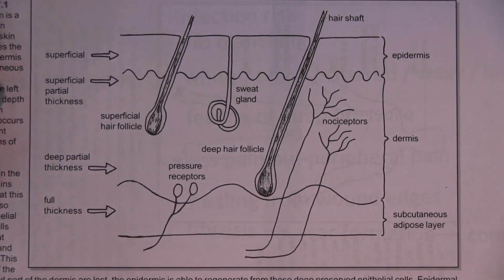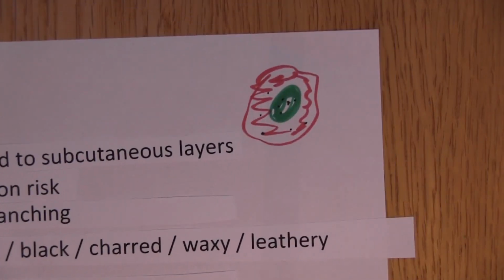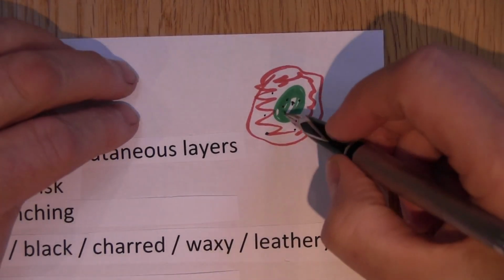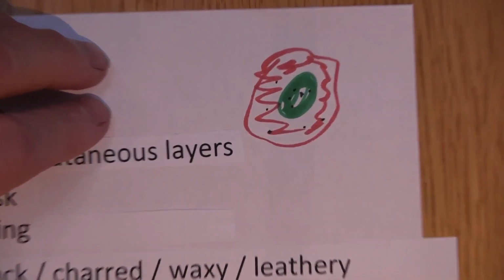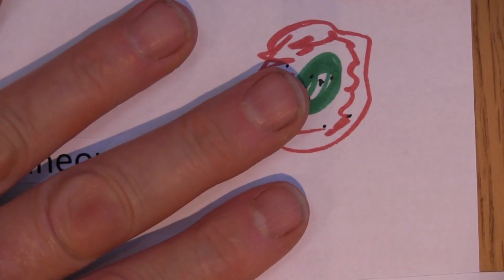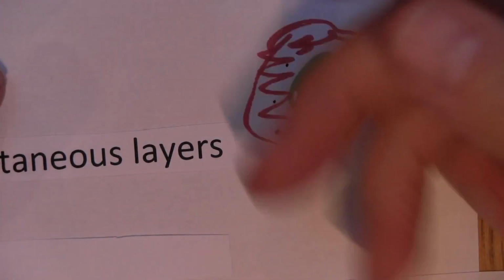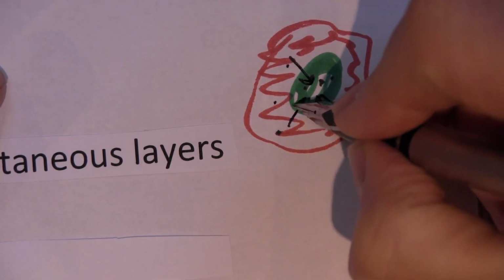Unless it's relatively small and can heal from the outside in. So a burn of this sort of size, imagine that green bit was the burn there. If that was a real size. Just compare that to part of me to get the idea. If that was real size, then that could heal from the edges, and you could get regeneration there.